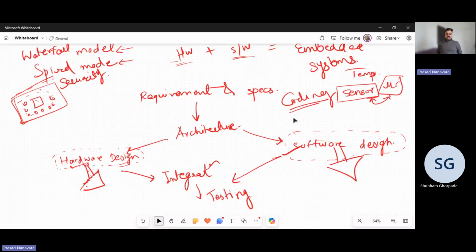And then we have combined them, we have integrated them, maybe with whatever the method is, and then we have done the combined testing of the system. So this is how embedded system design roughly works. But the main thing here is that this is basically done by multiple teams, right? It's not the work of a single team, because hardware design is there, software design is there.